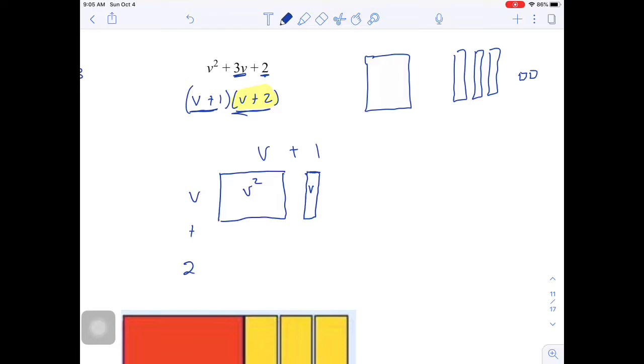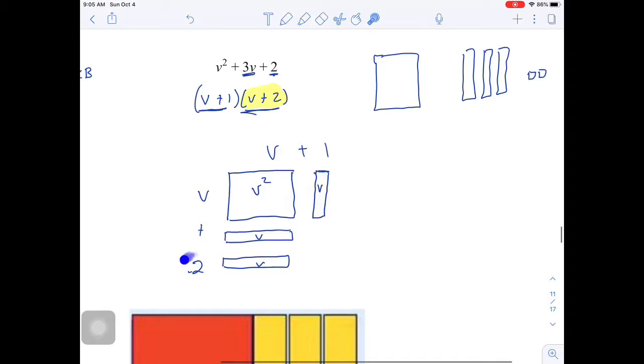Here we have 2 short lengths on the side, and we have a short length with a long length on here, so we get a tile, and that gives me v. And then we have 2 short lengths on this side, and 1 short as well on the top. And these make little 1 by 1s.